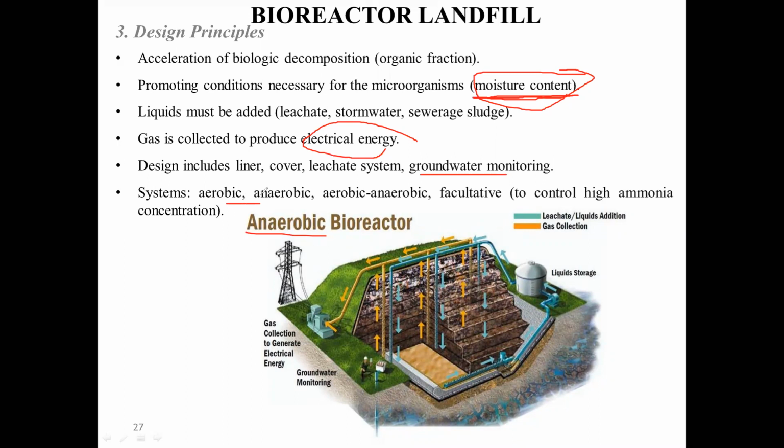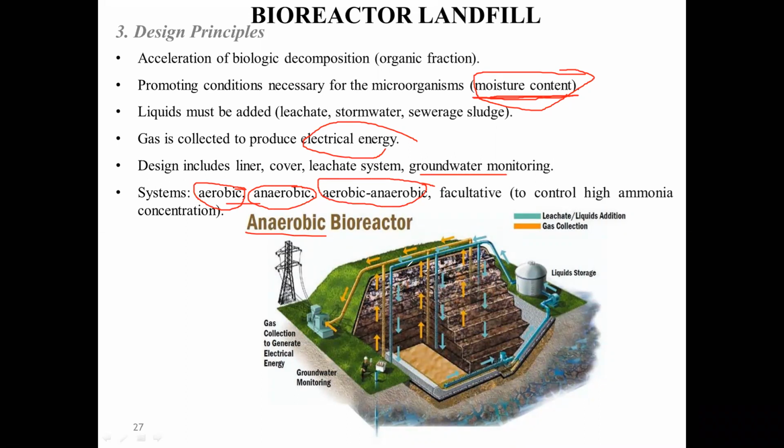But in some cases, we are going to be providing oxygen, where you are going to have an aerobic bioreactor. Then you have the combination of aerobic and anaerobic bioreactor, wherein you are partially putting in oxygen and partially not supplying oxygen, because of which the decomposition is going to take place.